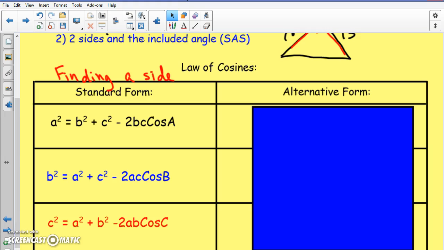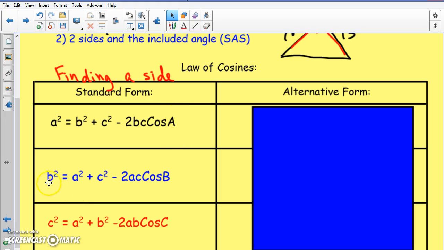If you notice your formulas, the lowercase letters again represent the sides, the capital letters are angles. Since it's law of cosines, we'll be using the cosine function throughout. It starts with one of the sides, a squared, the side that you're trying to find. Then it equals b squared plus c squared minus 2 times b times c times the cosine of angle A. Whatever side you are trying to find, the angle that you're using is the angle directly across from it.